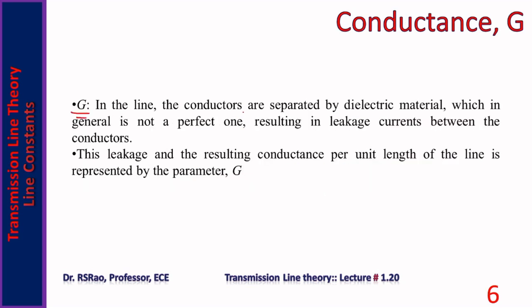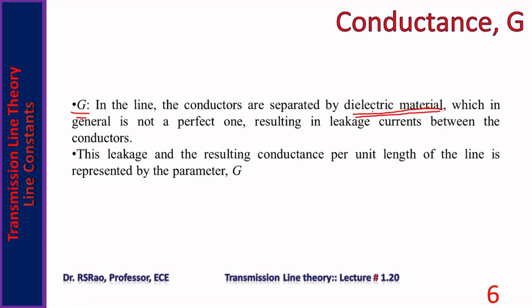G. In the line, the conductors are separated by a dielectric material. It is not a perfect dielectric. Perfect dielectric is one for which sigma, conductivity, is 0, but perfect dielectrics, or sigma is 0, that type of things are not available in reality. Therefore, all the dielectrics that we encounter or that are used as insulators between the conductors in a line, they have certain amount of conductance.